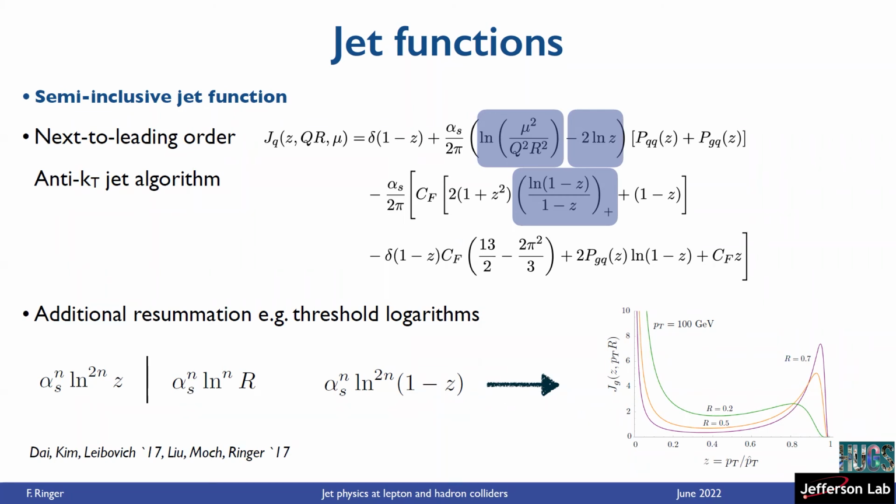So if I have some integral of some function from 0 to 1, then I worry about this endpoint here, when z becomes 1. If I don't have a plus here, then I can't do this in general. But with a plus, what that implicitly means is that whenever I integrate a function with a plus against such a test function, this function here in this case is the hard function over here, sort of everything else of the cross section.